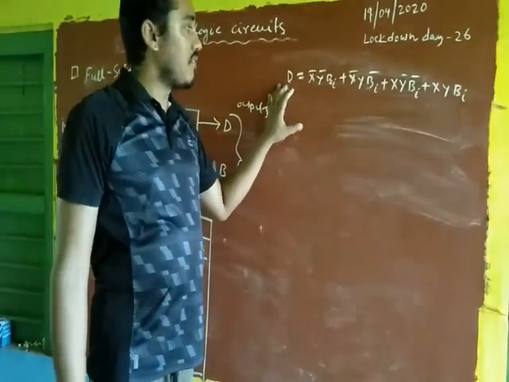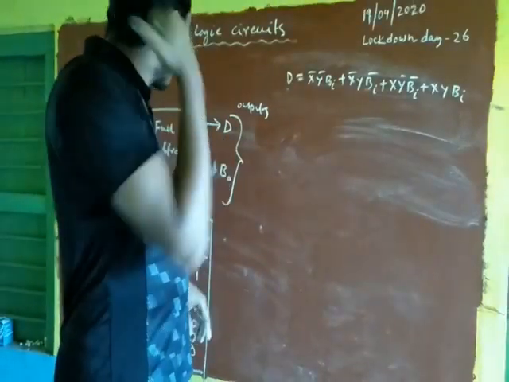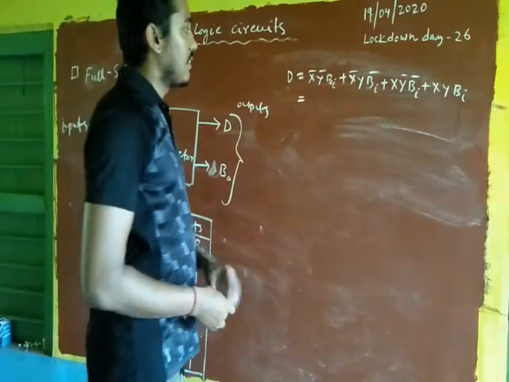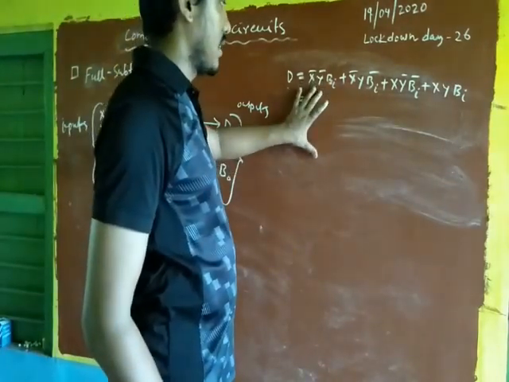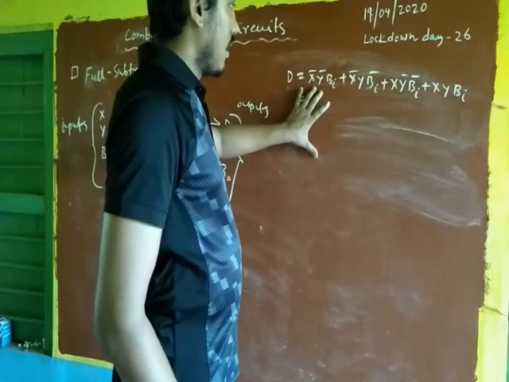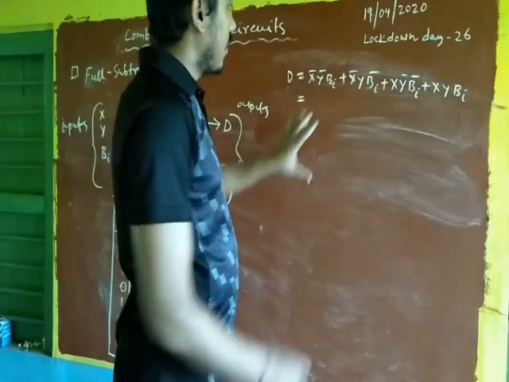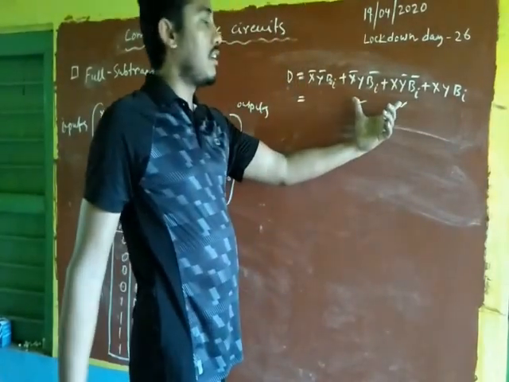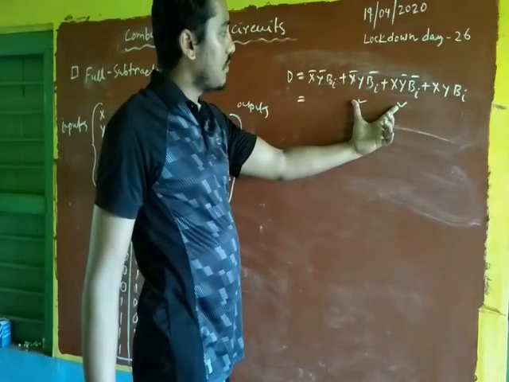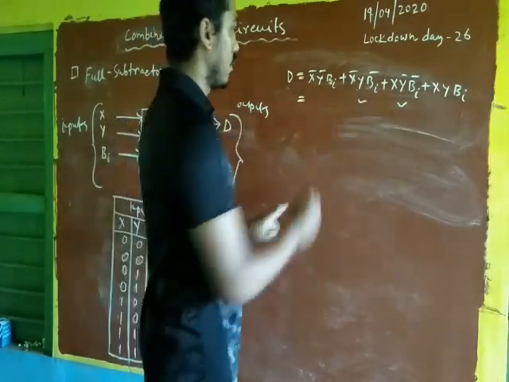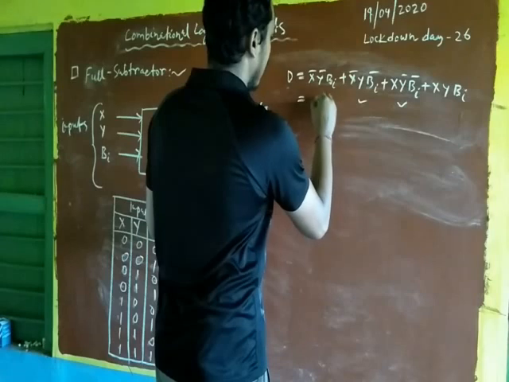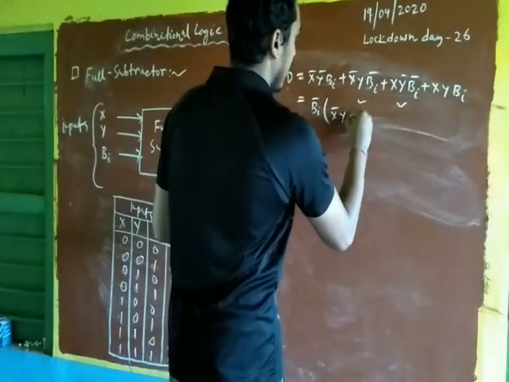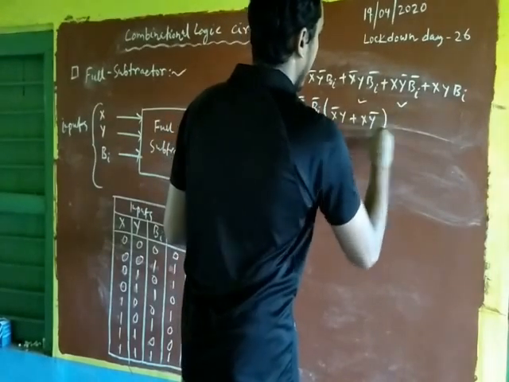Now we need to simplify this expression. Simplification is possible using Boolean algebra. First you look at this expression. If we take bi bar common from the second and third terms, what we will get is x bar y plus x y bar.